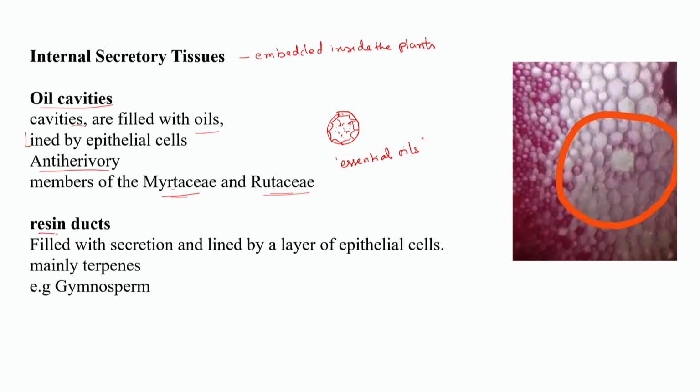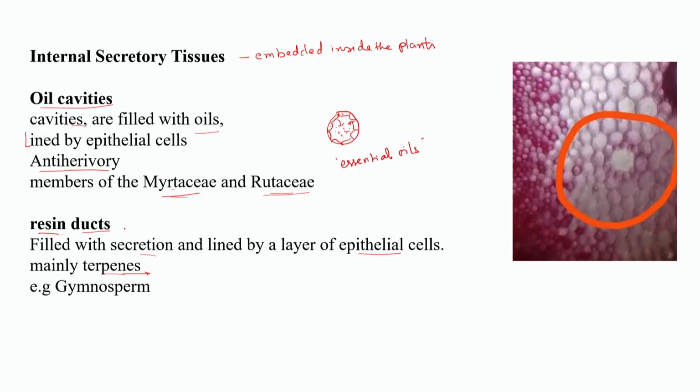Now coming to another important internal secretory tissue, the resin duct. The resin duct is filled with secretion and is also lined by epithelial cells. The resins are basically a sticky substance and the chemical composition is terpene in nature.